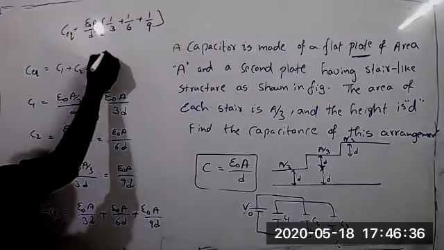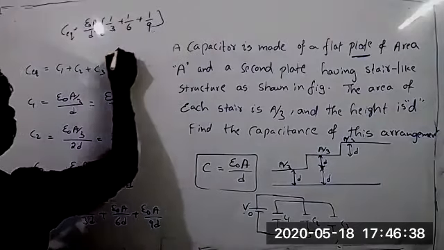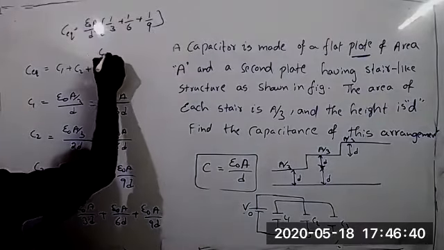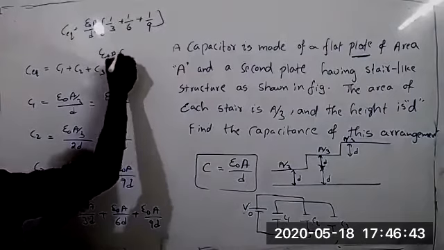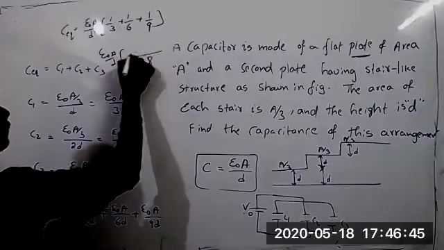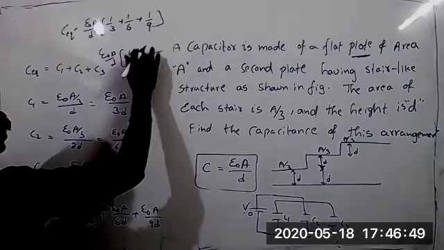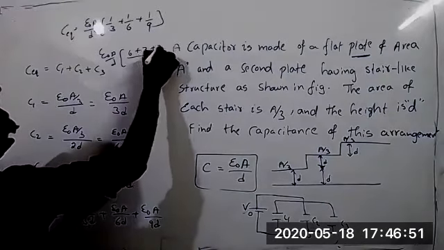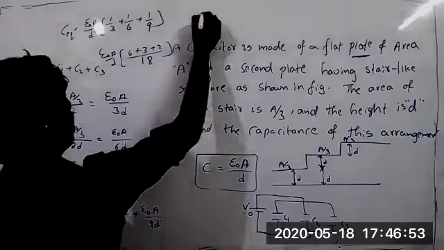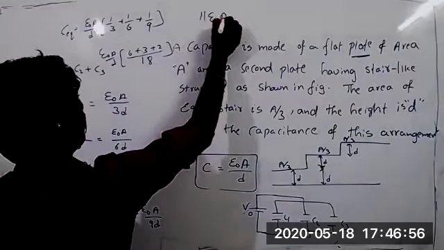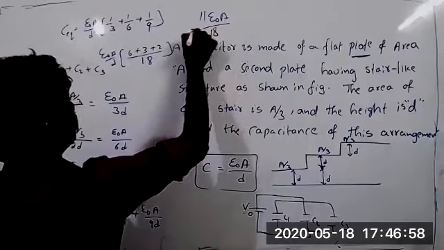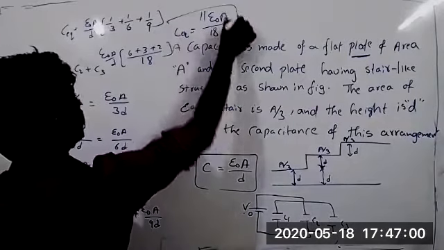What is the LCM for that? Epsilon naught A by D. 18 is the LCM. 6 plus 3 plus 2. Okay, finally 11 epsilon naught A by 18.